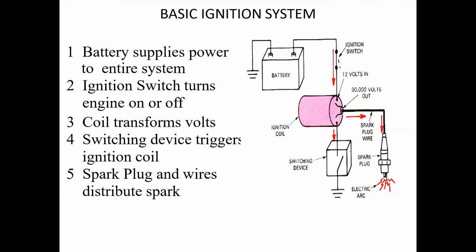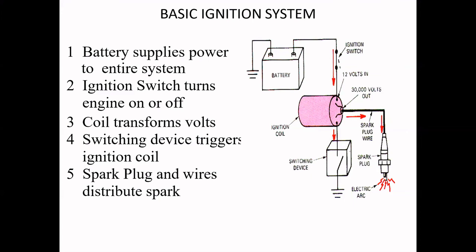And another one, you can see the ignition coil. Ignition coil is nothing but a transformer. I said ignition coil is nothing but an induction coil. Induction coil is a transformer. It steps up the voltage. It receives either 6-volt or 12-volt power from the battery, and it steps up this 6 or 12 volts into 20 to 30,000 volts, which is required for producing the spark at the spark plug.